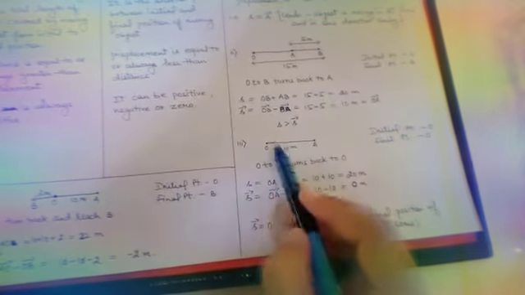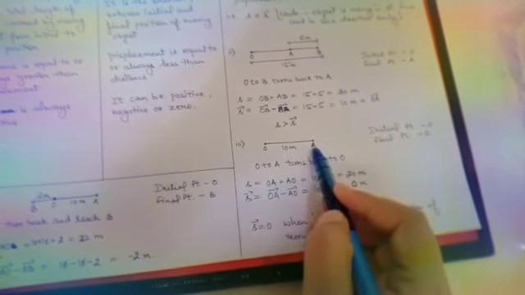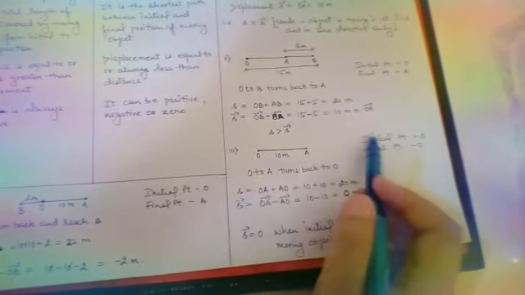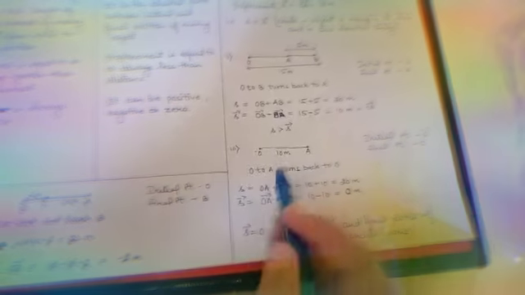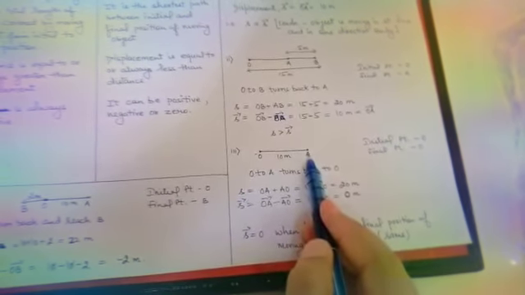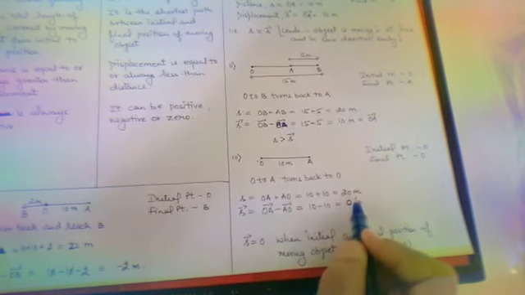Third, the object started from O, reached A and then turned back to O again. Here the initial point is O, the final point is also O, meaning the initial and final points are the same. Now the distance, OA plus AO, that is 10 plus 10 equals 20 meters.